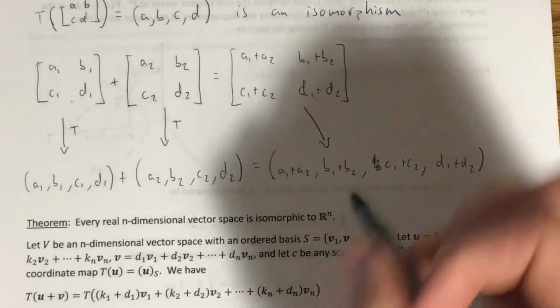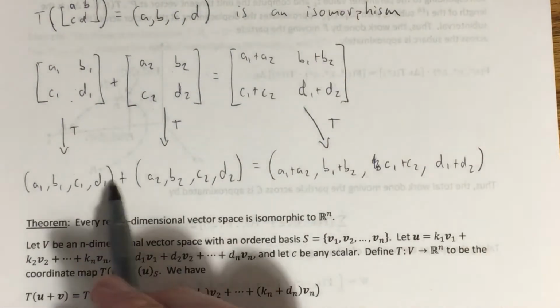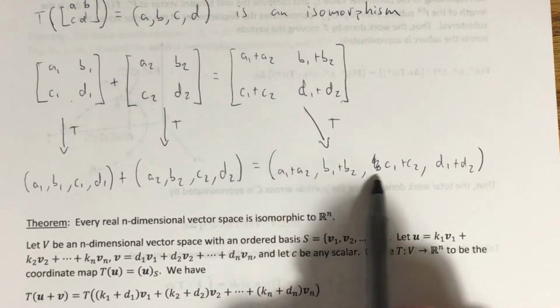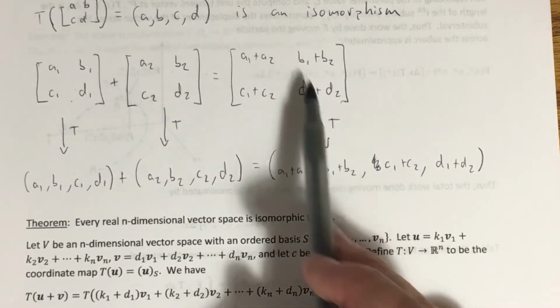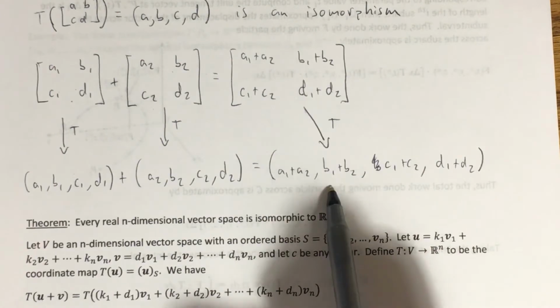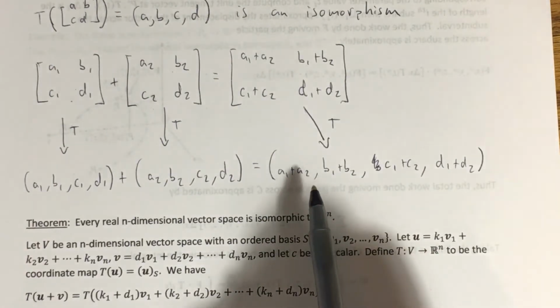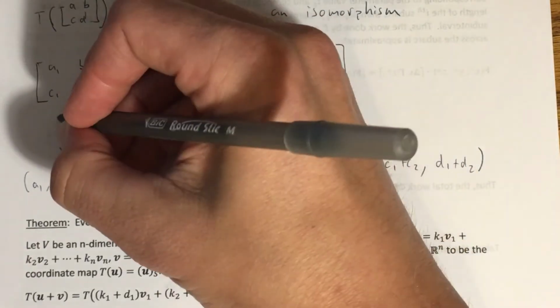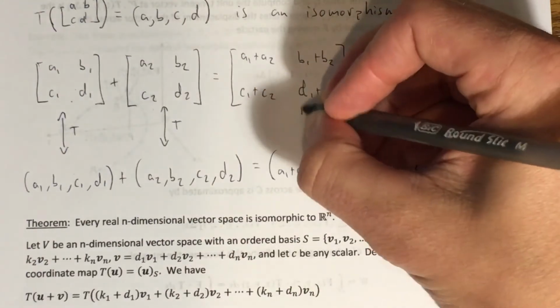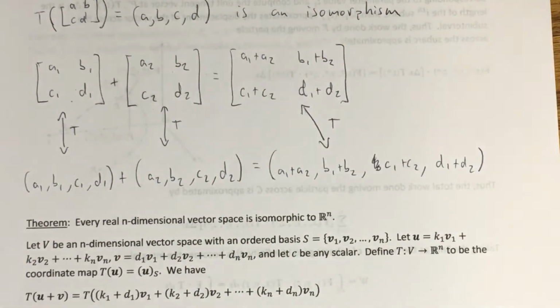So notice that the result of the addition here gives me a vector that's the image of this vector up here. And isomorphisms, because they're one-to-one, I can reverse this image to get the inverse function, and it would send me right back to where I started from as well.